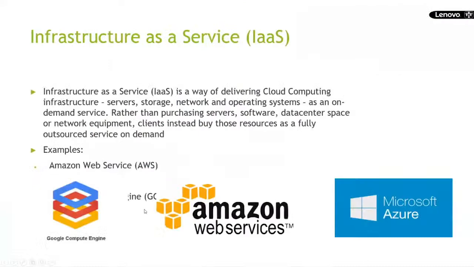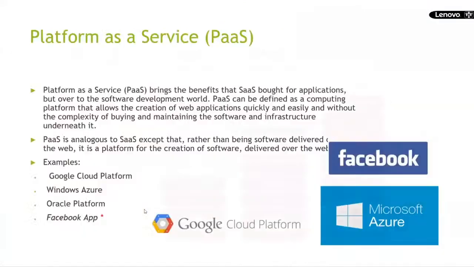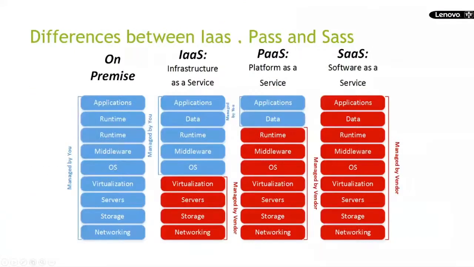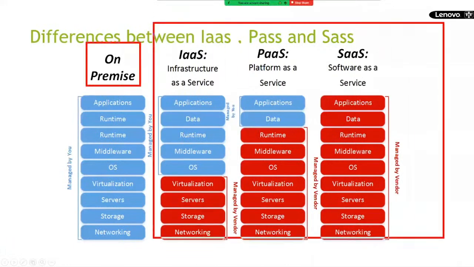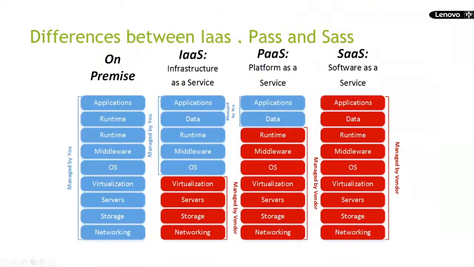Okay, next. This one slide is enough to differentiate between on-premises and cloud. In on-premises, as I said, networking, storage, virtualization, OS installation and configuration, management, runtime, application deployment, everything we have to take care of.